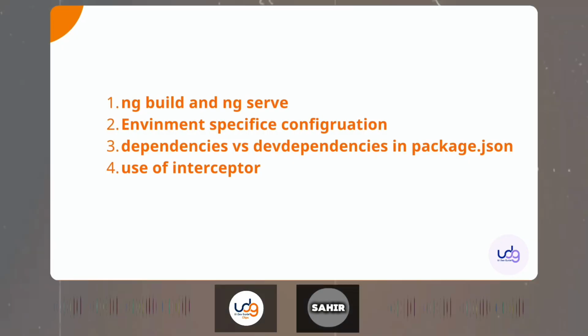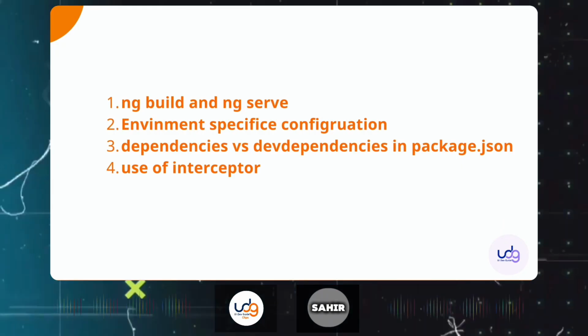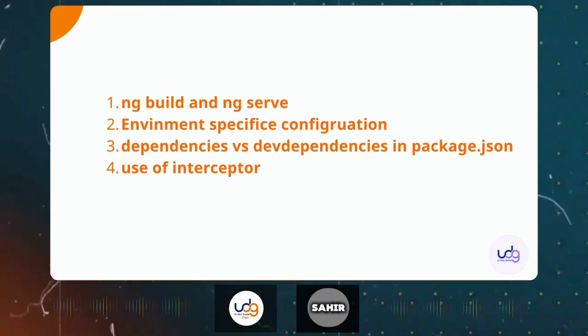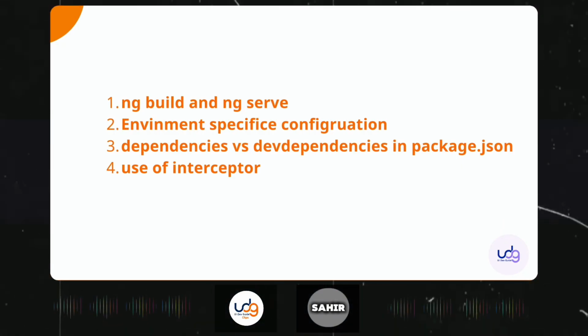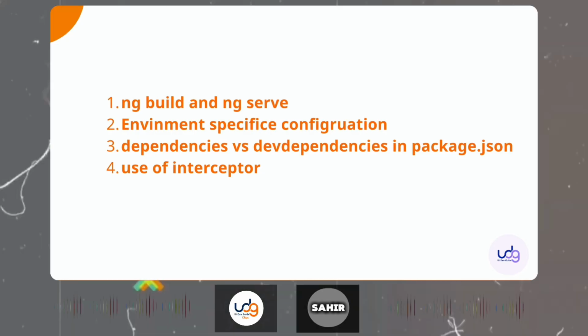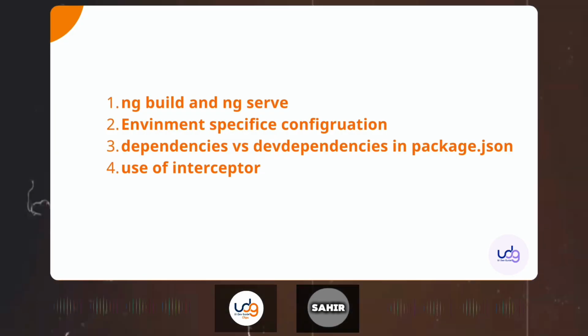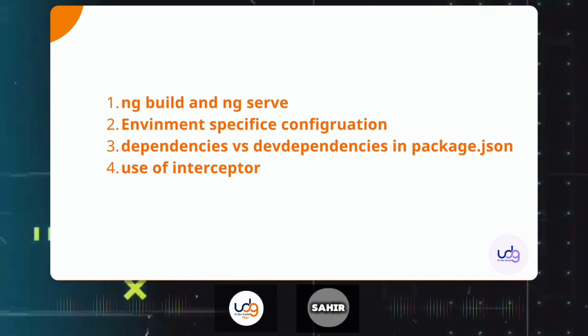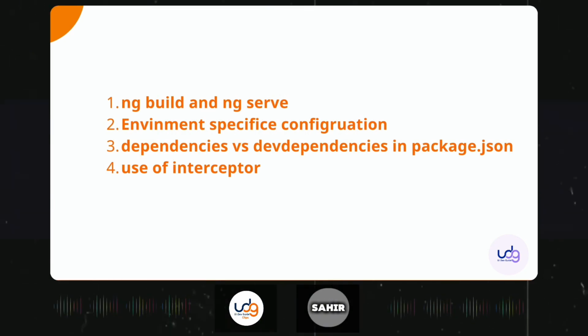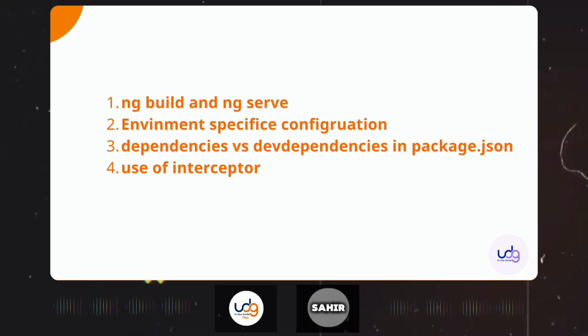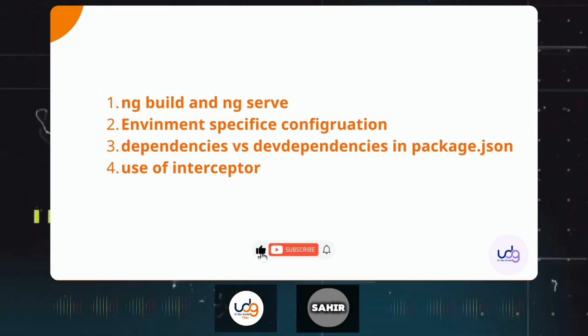So in package.json, we have dependencies and dev dependencies. Do you know what the difference is between both? Dependencies are the external libraries which we are using in our project, and dev dependencies are for those dependencies to run, which dependencies we need.